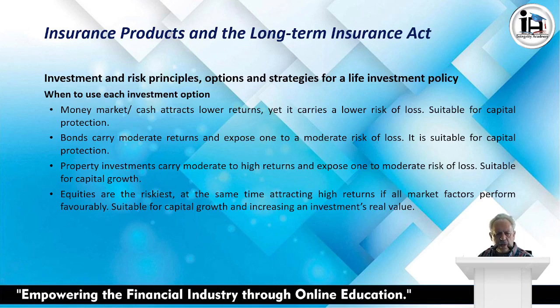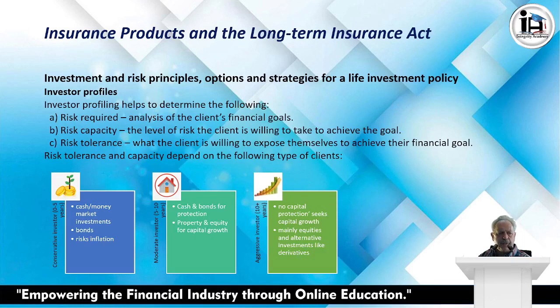So the risk is slightly higher to moderate. It's suitable also for capital growth. And then you can invest obviously in equities. They are far riskier. At the same time, they also attract very high returns if market factors perform favorably, and they are suitable for capital growth and increasing an investment's real value over a life period.